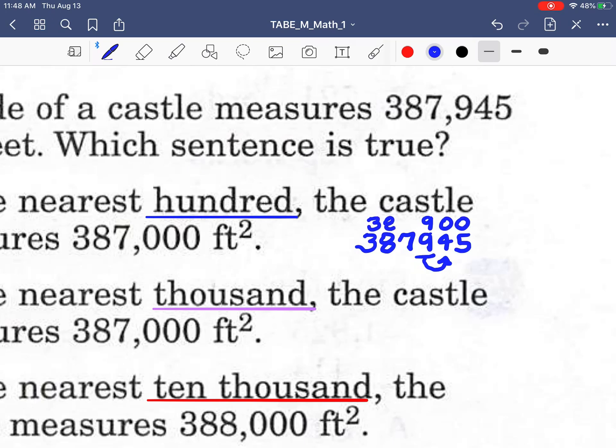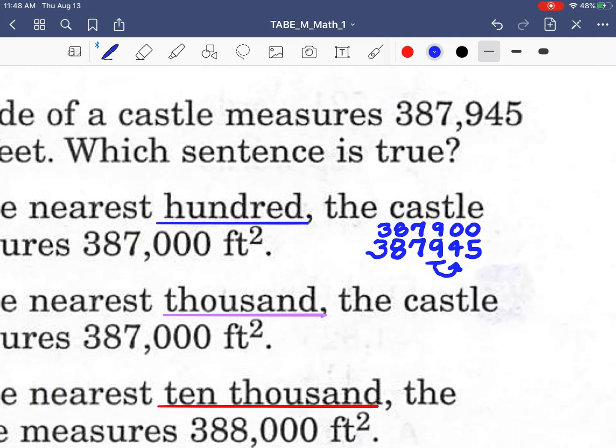Leaders don't change. So 387,900, and here's what you want to compare. You want to compare this number to this number. And are they the same? No, they are not the same. So this is not the answer.